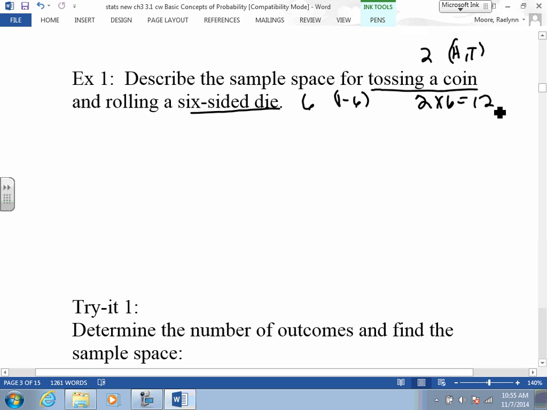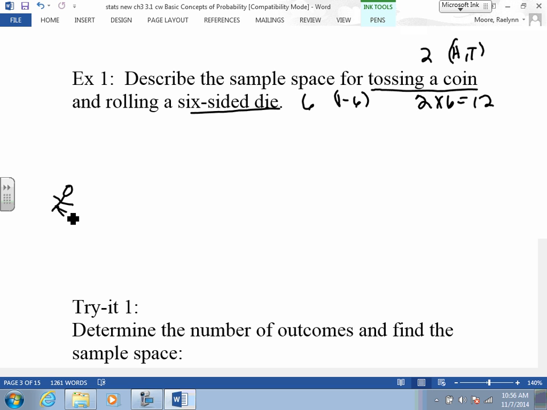I'm big on trees, guys. Trees really will break down all your probabilities if you're struggling to get to the probability. So, start with you. Does it matter if I toss a coin first or I roll a die first? No. I'm a little crooked there. So, let's toss the coin first.